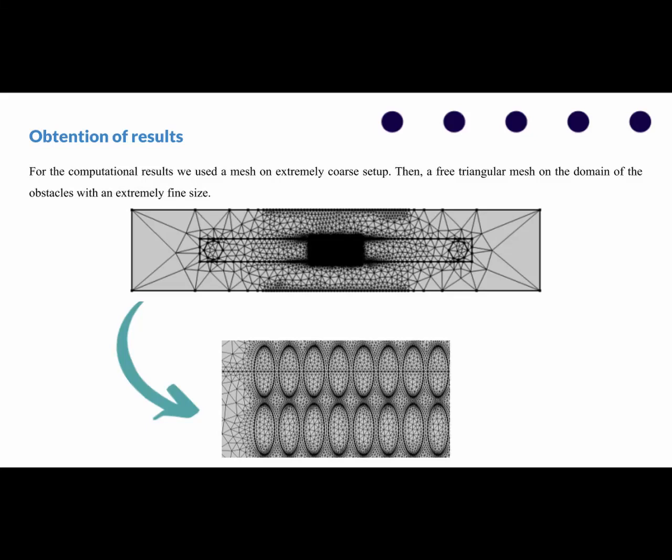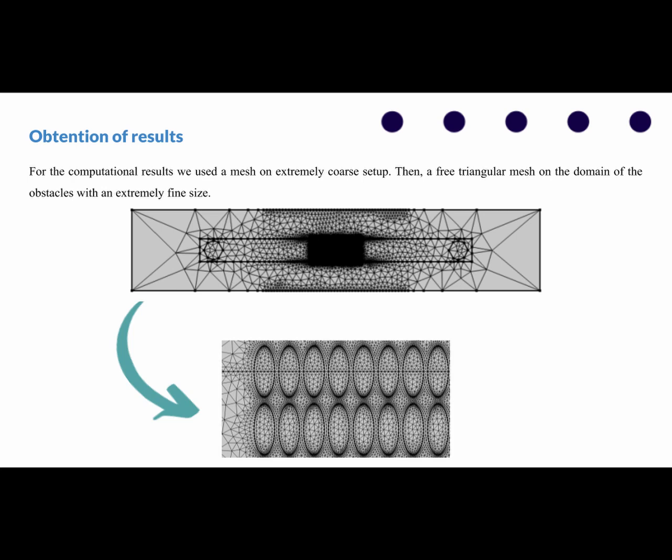Obtention of results. First, we used COMSOL. COMSOL is a powerful CFD program. CFD is computational fluid dynamics. This is similar to the finite element method because you have a system. In the system, you need to add a mesh. In some programs, you can modify the geometry of the mesh.